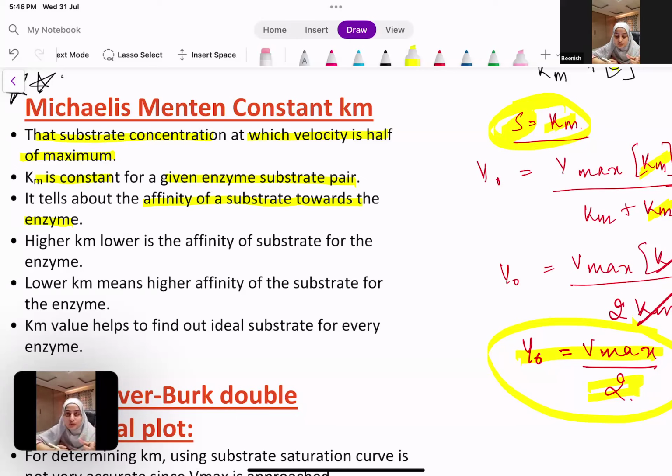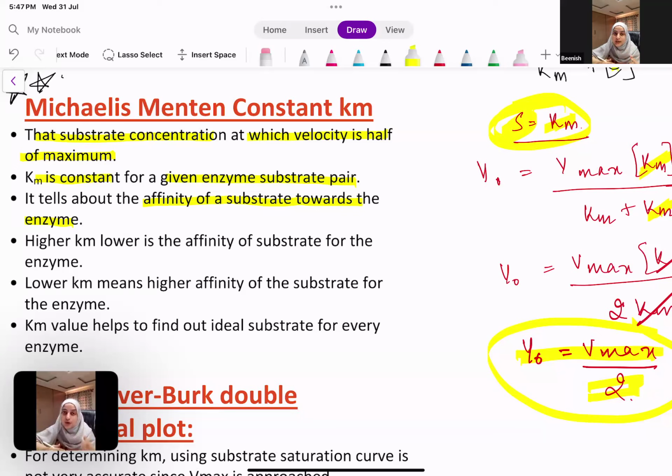Km is substrate concentration. If you need a lot of substrate to attain half of Vmax, that means you have higher Km, therefore it implies that the affinity of the substrate for the enzyme should be low. That is why you need a lot of substrate. So higher Km implies that the affinity between the enzyme and the substrate is low.